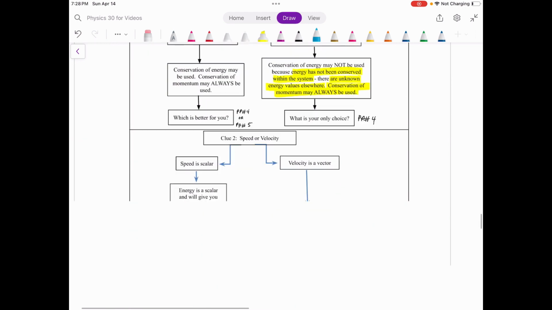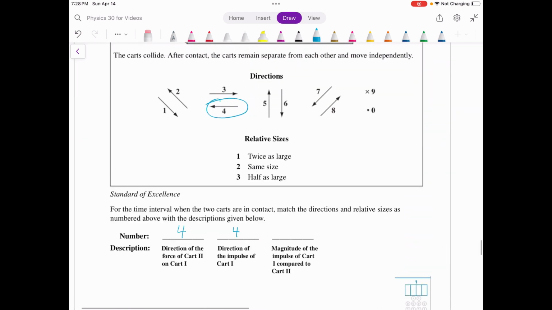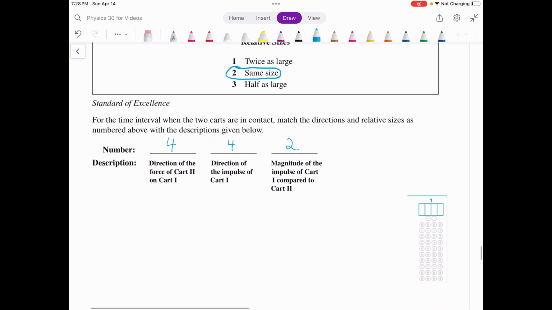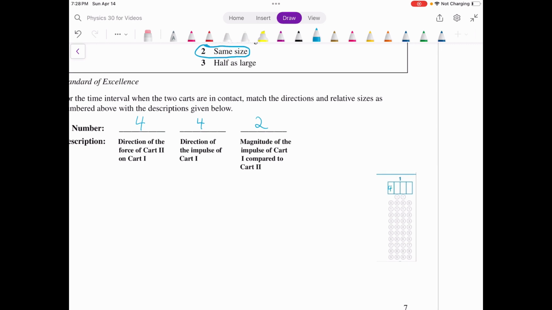So the impulse will be the same size, opposite direction, but same size for cart 1 compared to cart 2. Their impulses must end up canceling each other out. So the answer we would bubble in here would be 4, 4, 2. And that's the correct answer.